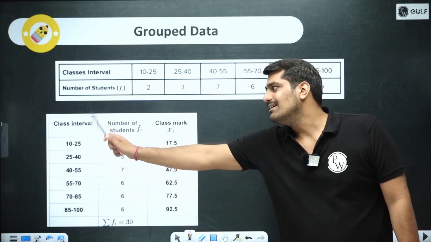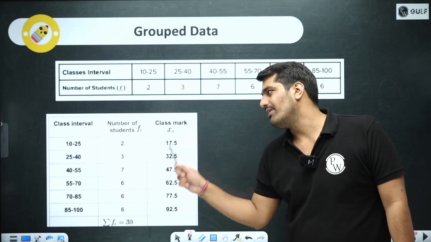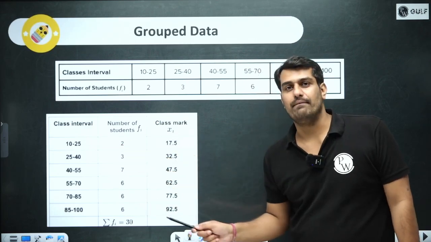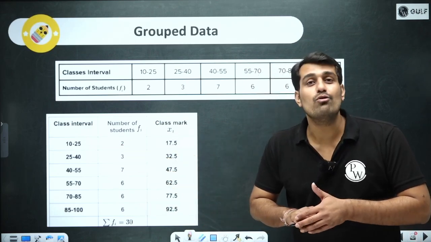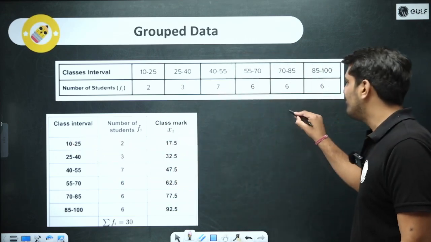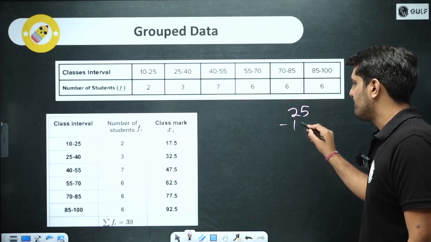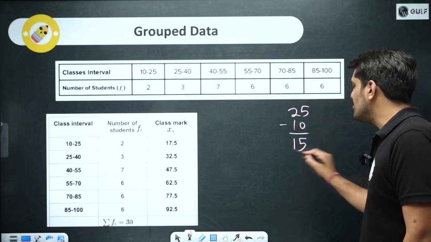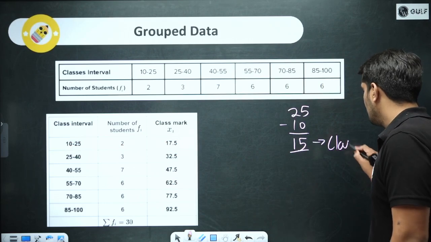Adding 7.5 to 10, we have 17.5. And the same I have done each time. Many people might have the confusion, sir, how to find the midpoint. See, observe the class interval, 25 minus 10. How much is it? 15. 15 is your class width.